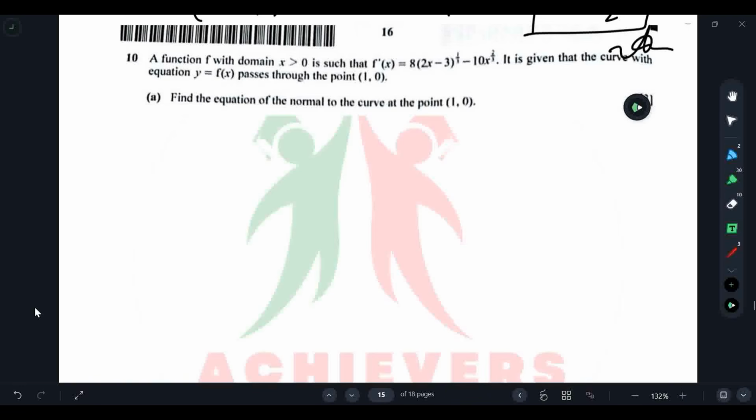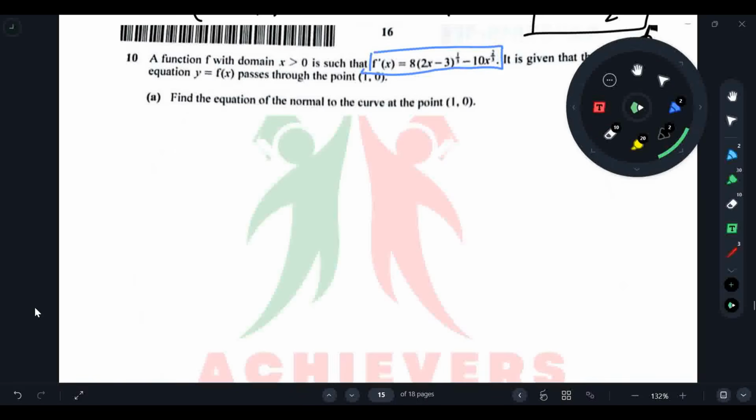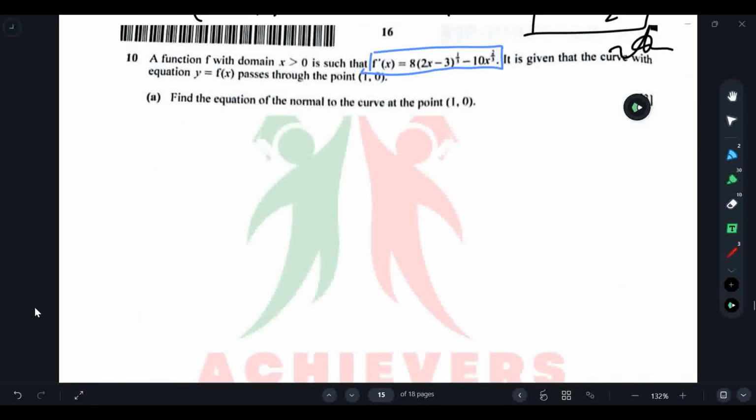Now we know how we can find out the gradient first. The gradient of the curve will be, it was given that the first derivative is this one. So it means that the gradient of the curve is given to us. At this point, we have to find out the gradient of the curve. So this will be equals to 8 into x coordinate is 1.